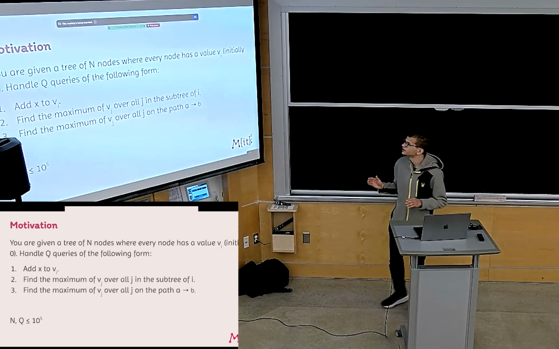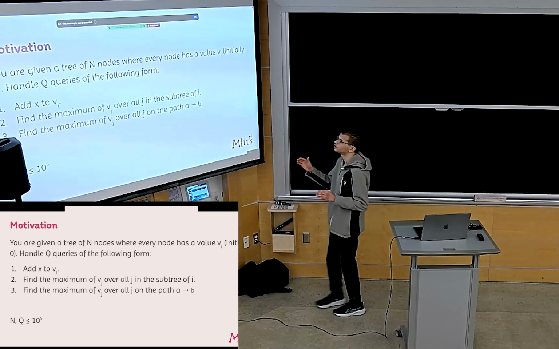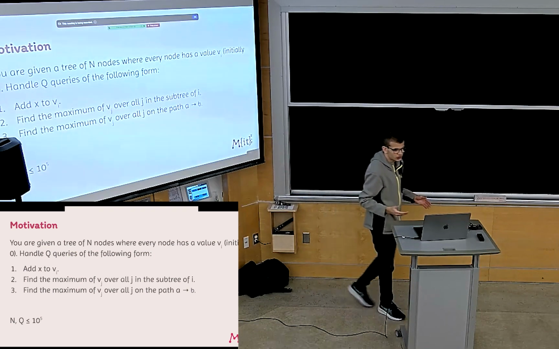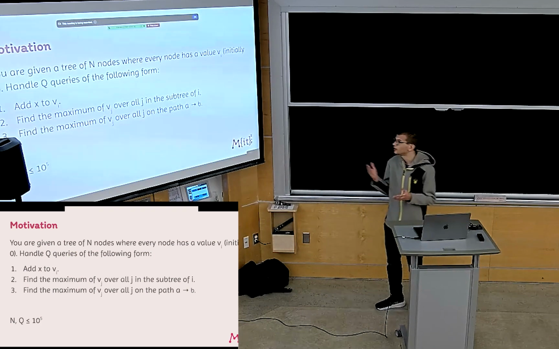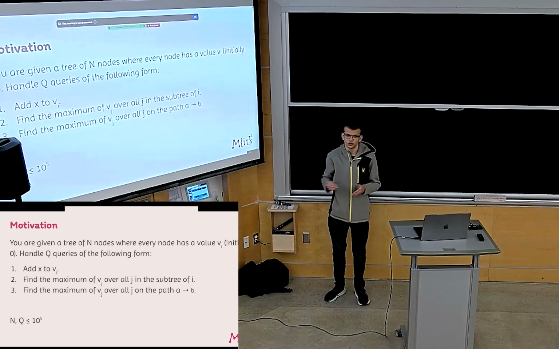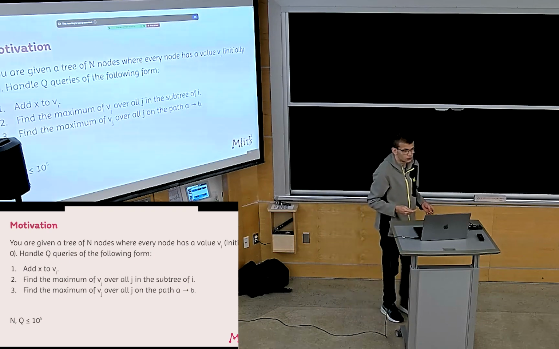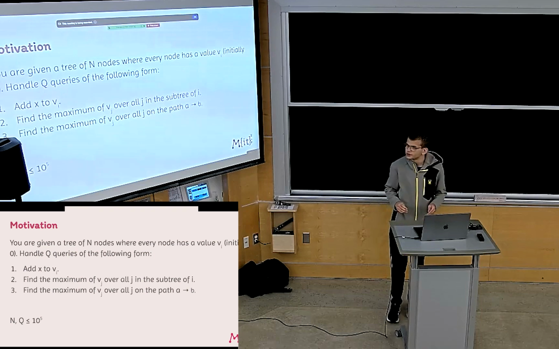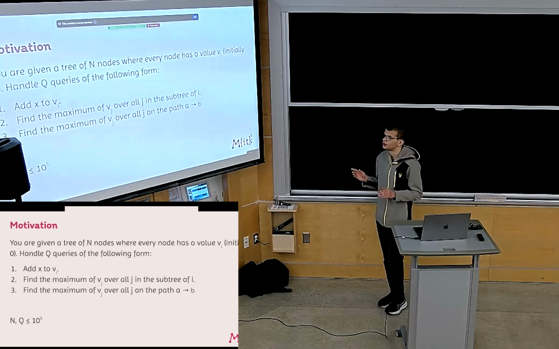Now, Euler tour trees, as we just learned, can support operations 1 and 2. However, they can't really support operation 3 because the different nodes in a path are not consecutive in an Euler tour, only the subtrees are. So we will need a slightly different idea to solve this problem.